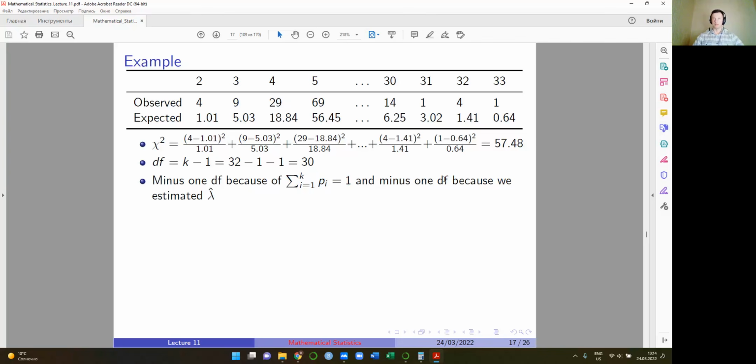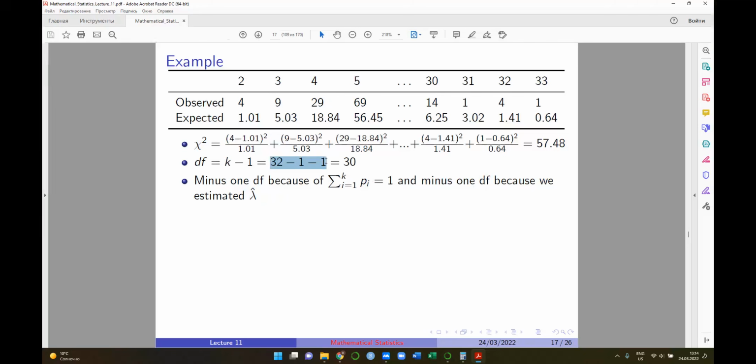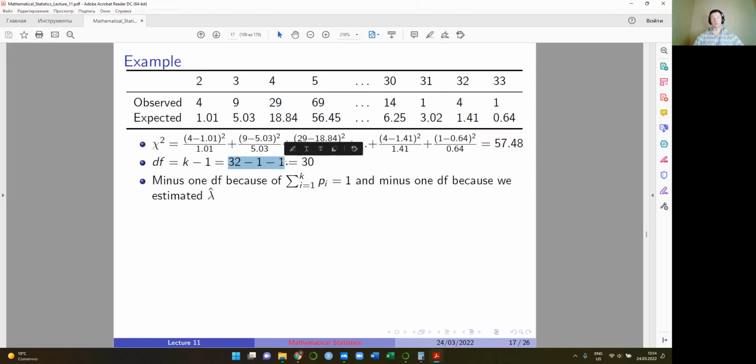And minus 1 more degree of freedom, because in order to calculate these probabilities, pi, we estimated lambda hat. Lambda is not given, but we estimated lambda hat, and then we use this in order to come up with these expected probabilities. Therefore, we reduce degrees of freedom by 2, not by 1 as in the previous example.